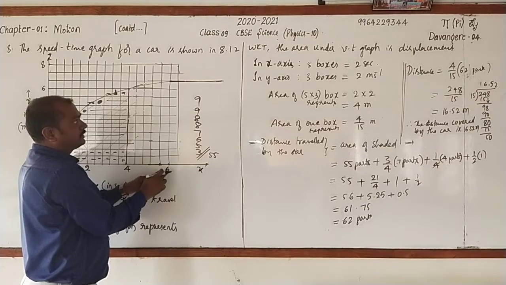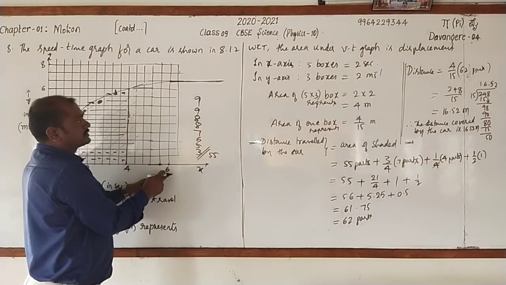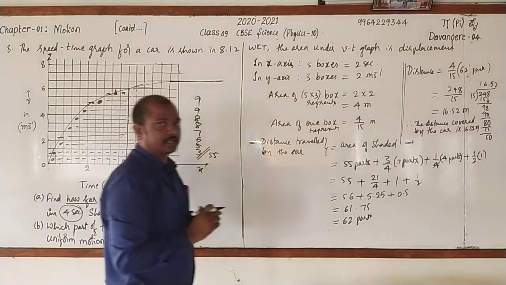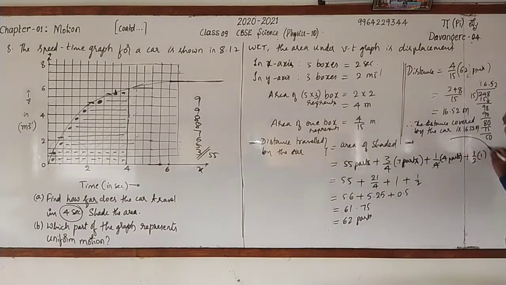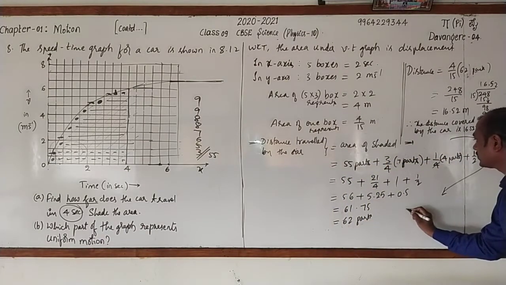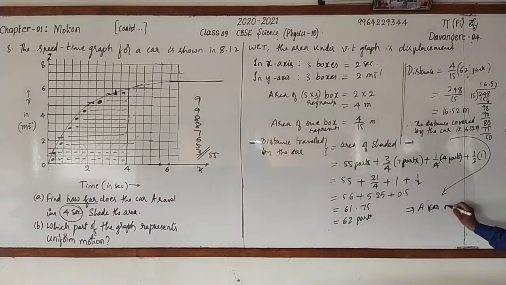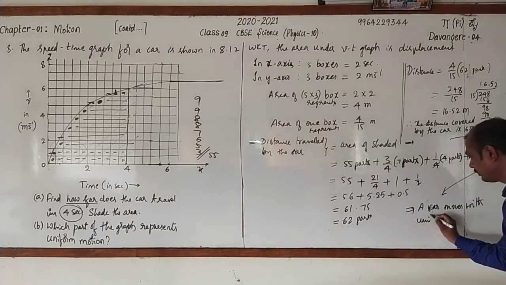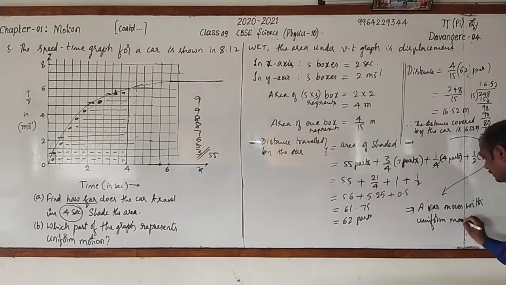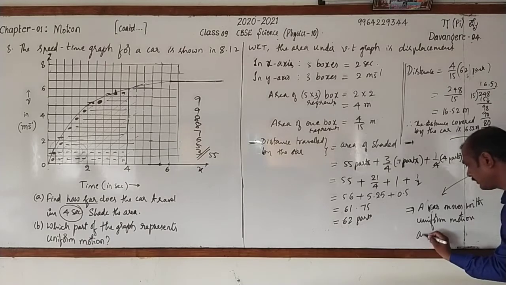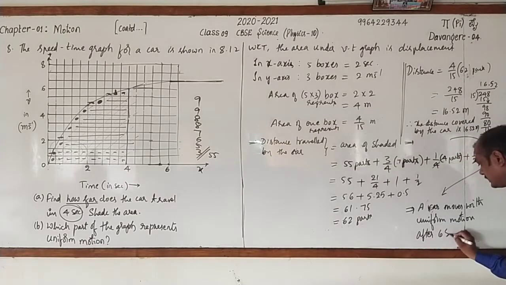Hence, you can say that the body moves with constant speed after 6 seconds. And write the conclusion here for the second one. The car moves with uniform motion after 6 seconds.